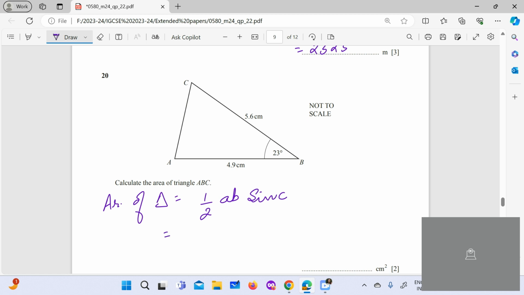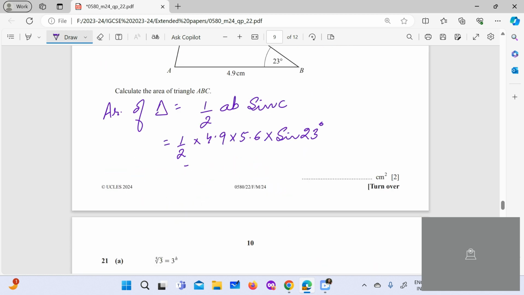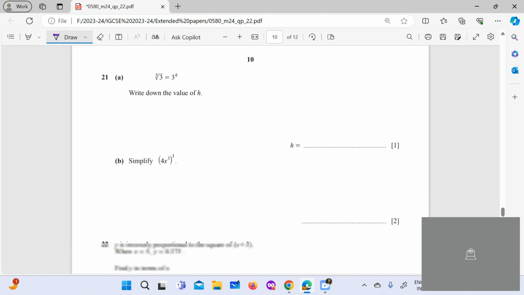So half, just plug in the values, 4.9 times 5.6 times sine 23. Just input all the values in your calculator and directly you get the answer. That will be 5.36 centimeter squared. So here you can write 5.36. Let's go to the next question.